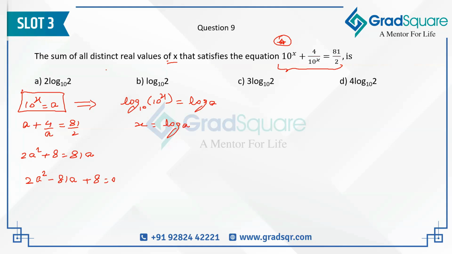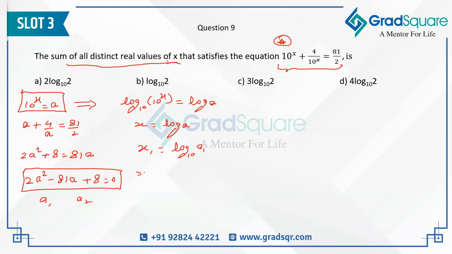You are looking at finding the sum of all distinct real values of x. Now if you look at this equation, how many values of a are there? There are two values of a over here, a1 and a2. So there will be two values of x. Look at this. x1 will correspond to log base 10 a1, and x2 will correspond to log base 10 a2.